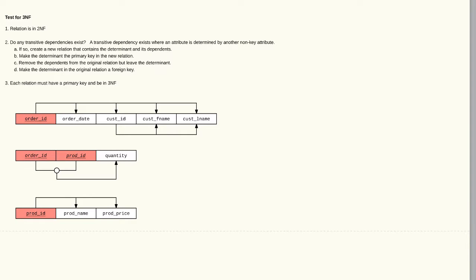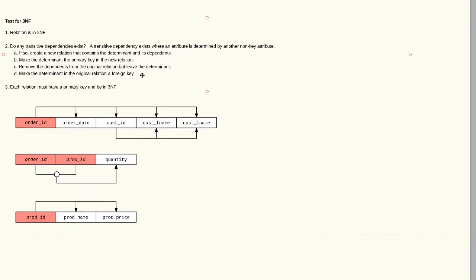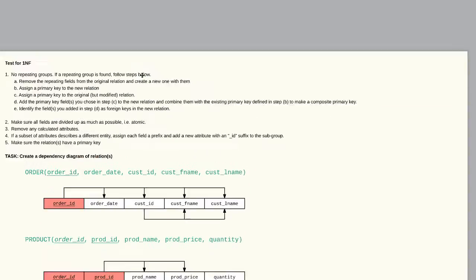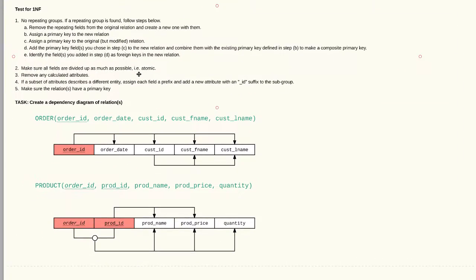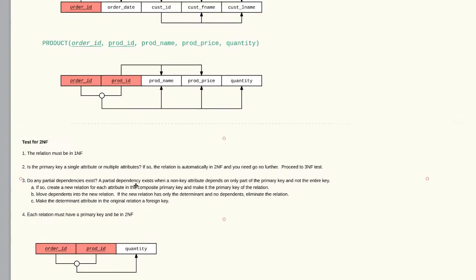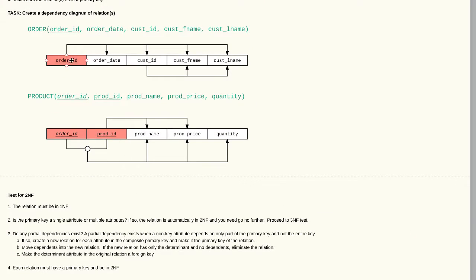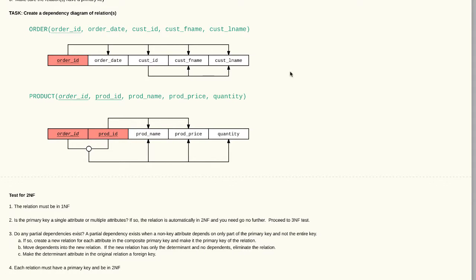So coming in now to my test for third normal form, I took the relation back when I did my first normal form right here. Remember I had two of them, right? And the first one, when I brought him down, was already cleared for second normal form because he only had a single attribute as a primary key. So what I can do with this first relation is bring him right down to the third normal form test, which is what I did.